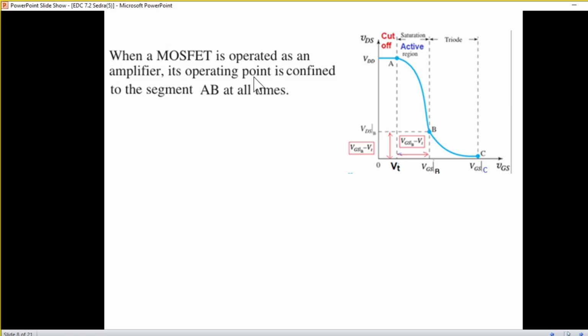When the MOSFET operates as an amplifier, its operating point is confined to the segment AB at all times. So this is the active region from A to B. The operating point has to be within A and B.